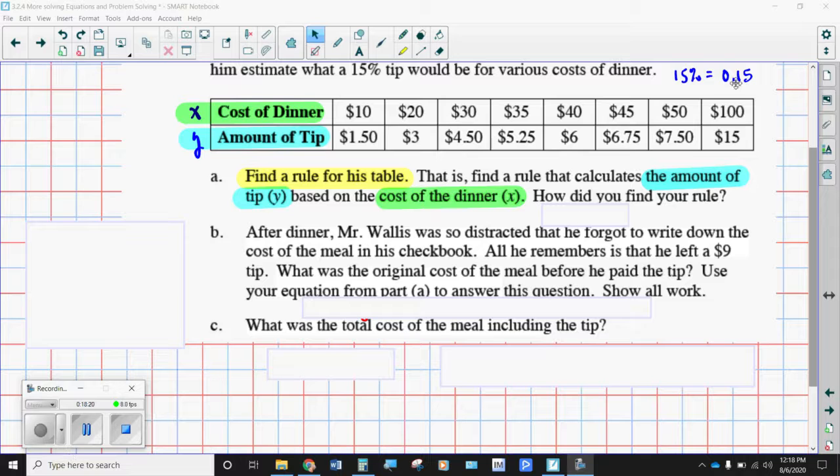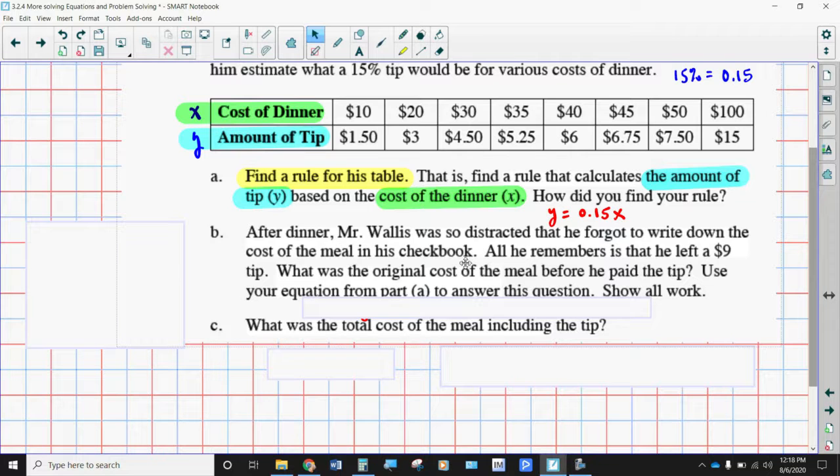So what do you multiply times x to give you y for an answer? That would be your multiplier, 15/100ths. So that's our rule. y, the amount of the tip, is going to be equal to 0.15 times x. When we use that, we would plug in for part B. If we're going to use that to find the amount of the dinner, that would be finding the value of x when y is equal to 9.